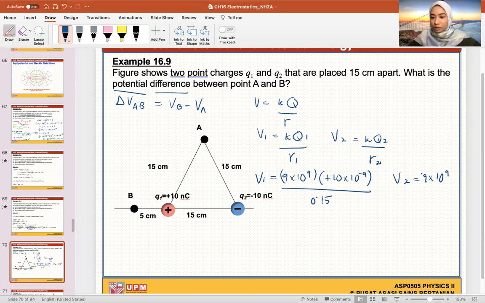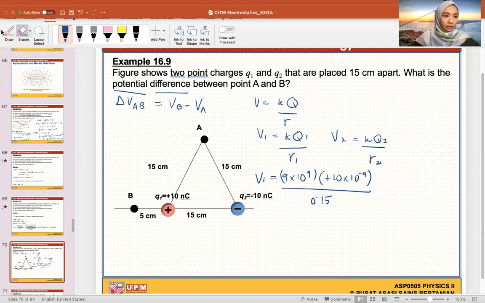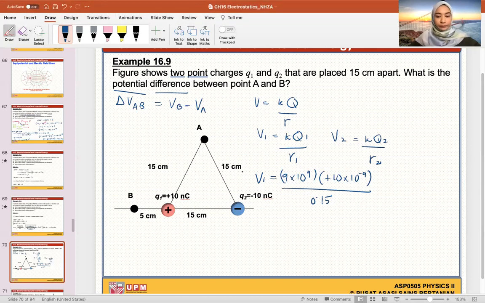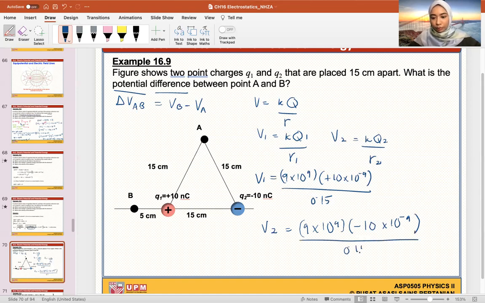Let's do it below. Now I'm just looking for V, I'm not adding anything yet. So V2 from charge 2 is 9 times 10 to the 9, the charge is negative, so just substitute the sign of the charge, times 10 to the minus 9, and it is the same 0.15.